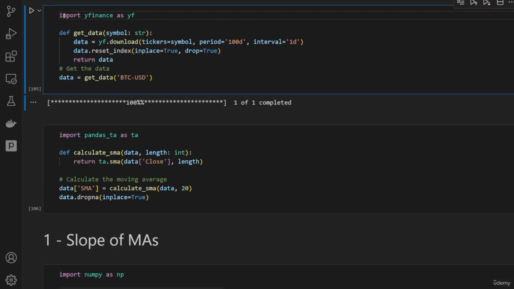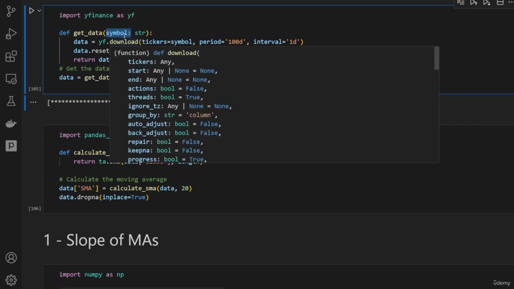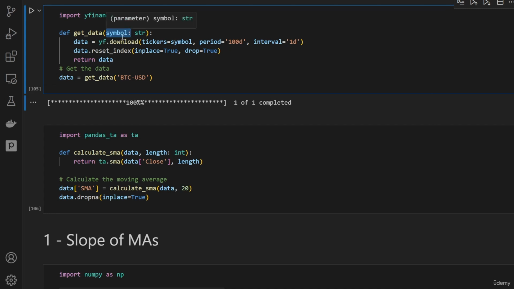So in this first cell, we're importing yfinance to get the data, and I'm defining a function, getData, that takes a symbol for which we're going to download the data or query the data from yfinance. Then I'm creating a data frame, which is called data. It's a variable for the moment. And I'm using the download function from the yfinance package.